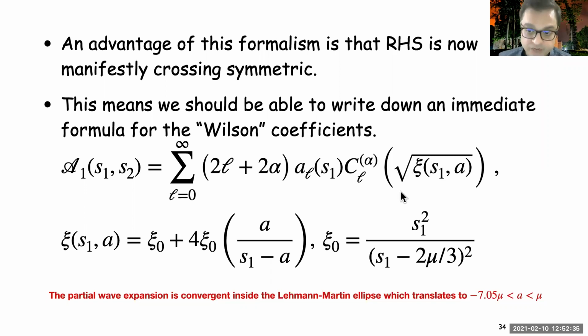You'll have that kind of behavior even here, and we will deal with it. One comment here, which I should read out, is that the partial wave expansion is convergent in the Lehmann-Martin ellipse. In my notation, it translates into a being between these two values. In particular, if you just blindly took mu to 0, you would get a 0 radius of convergence for a, so a would be literally 0.